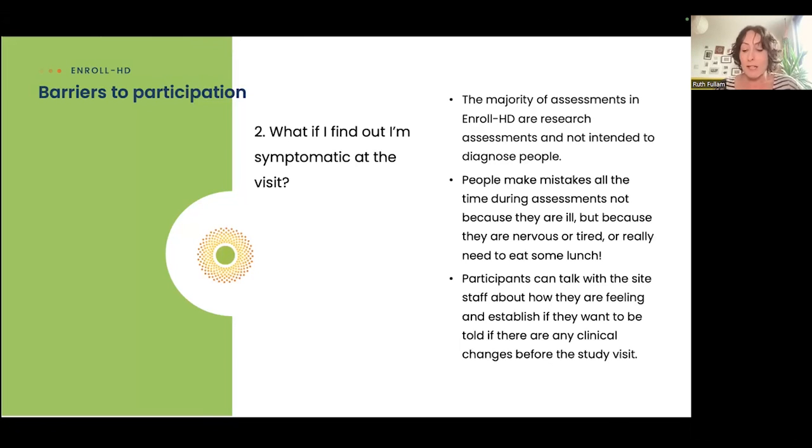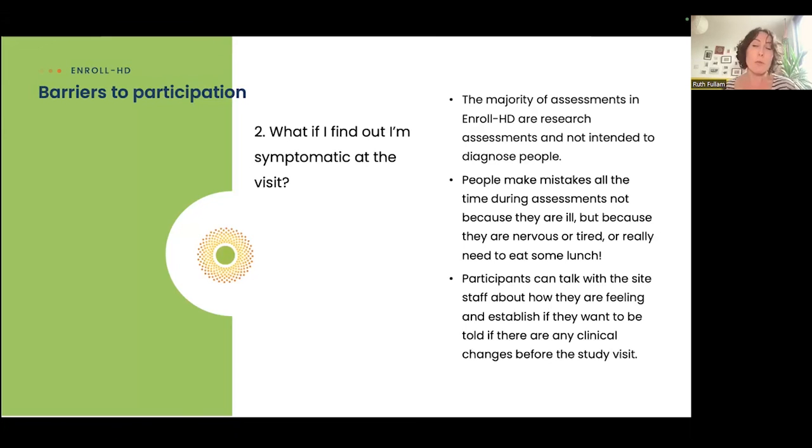Also, I think it's really key that participants can feel that they're able to talk to the site ahead of providing any information for the study. So they should be able to talk to staff and set boundaries and their expectations.